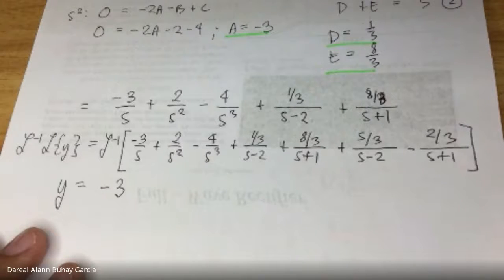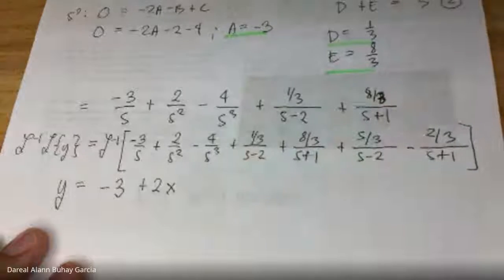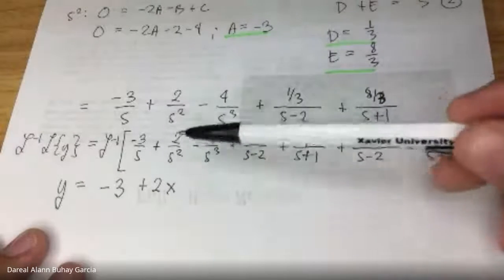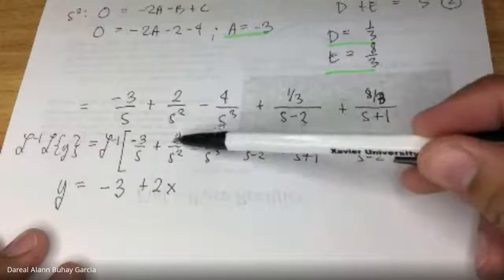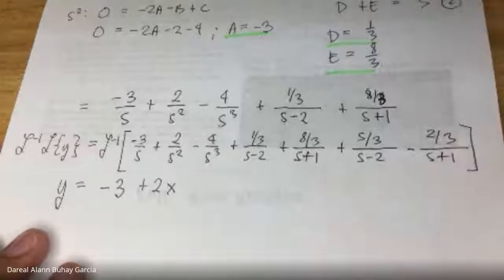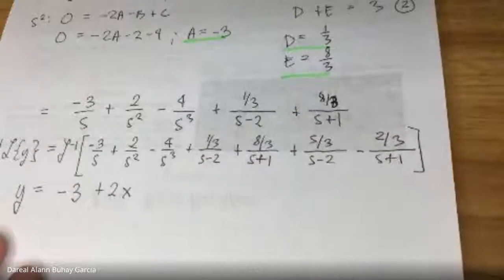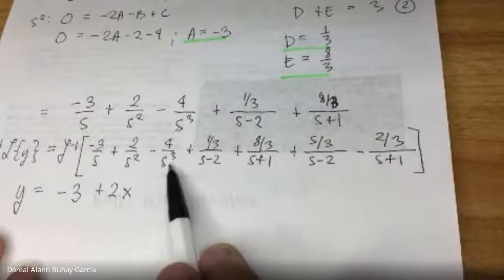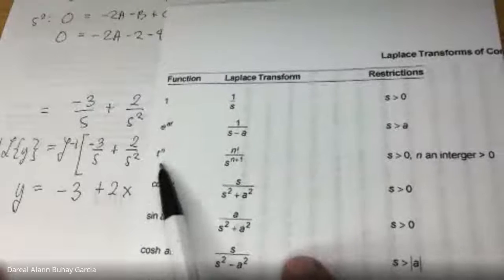So, x to the power of 1. So, x. So, 2x. The inverse Laplace of 1 over s squared is x, and 2 is a constant. Next, s cubed.